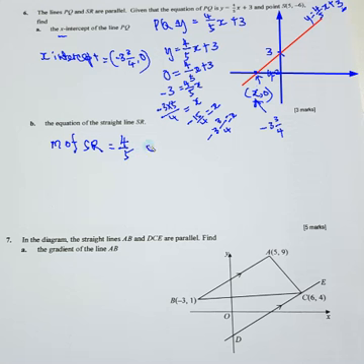Now we are also given a point S. This S is on this line. That means this line SR, besides having the gradient 4 over 5, also passes through S, which is 5, minus 6.